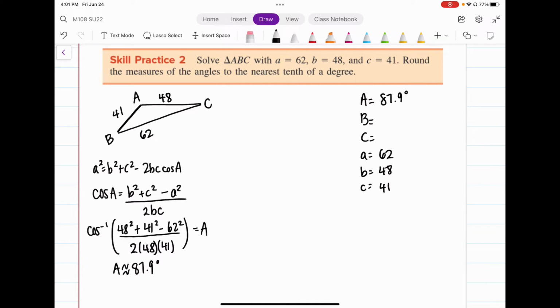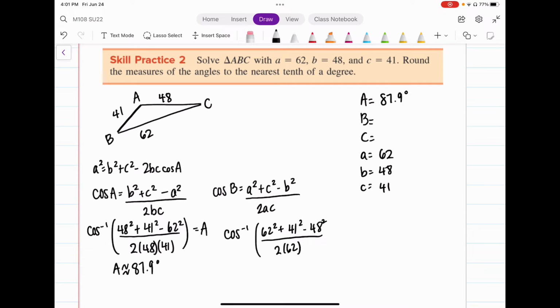I can then find either of the 2 remaining angles using the law of sines or the law of cosines. I'm going to go ahead and use the law of cosines inverse to find angle B. That means that the cosine of angle B is going to be equal to A squared plus C squared minus B squared over 2AC, or the inverse cosine of A squared, which is 62 squared, plus C squared, which is 41 squared, minus B squared, which is 48 squared, divided by 2 times A, which is 62, times C, which is 41.